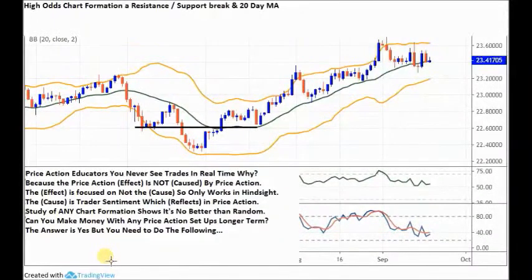You've got a directional bias, which will basically put the odds on your side because you know what the cause is, and then you can make a postulation of what the likely effect is going to be from the cause. If you just study price action, effect and cause are not related. So be very wary of price action trading, in my view.